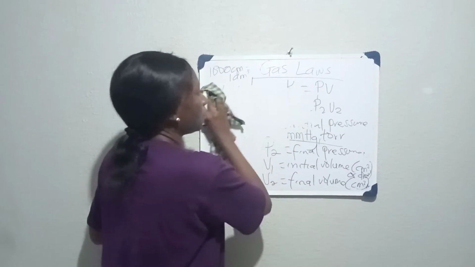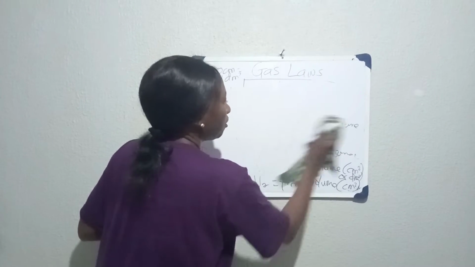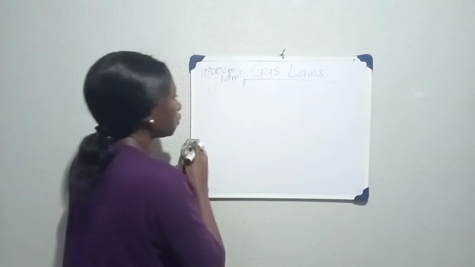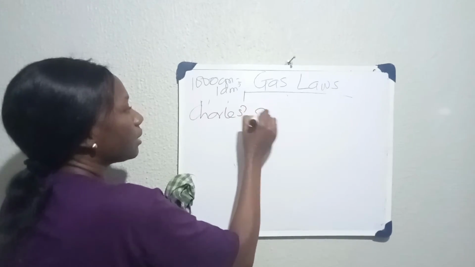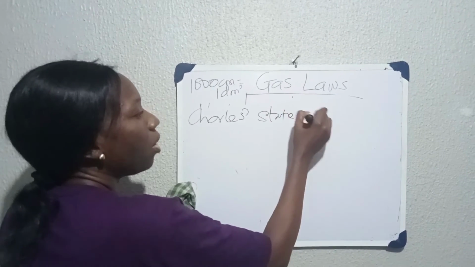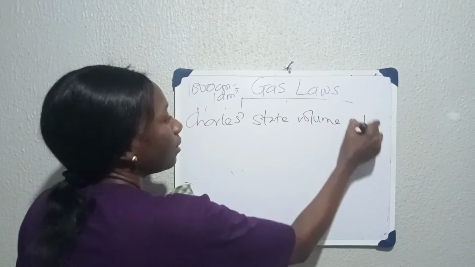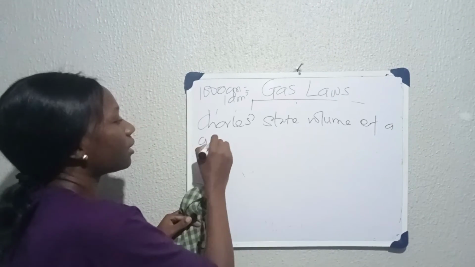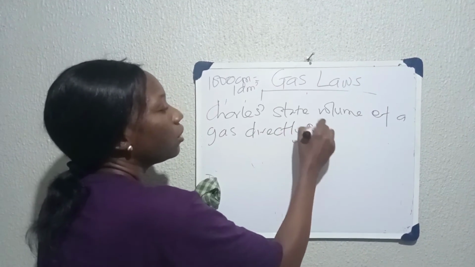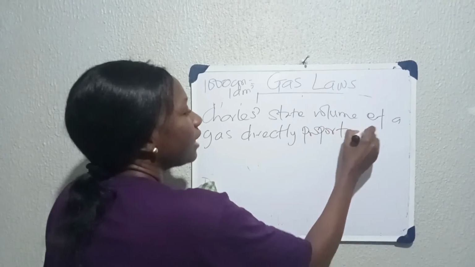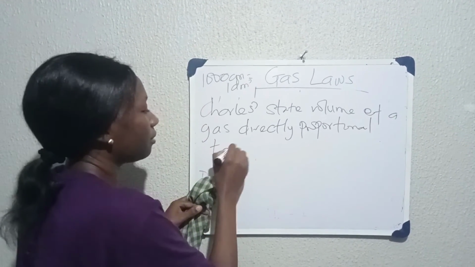So Charles' law is a little bit different from Boyle's law, because Charles' law states that the volume of a given mass of gas this time around is directly proportional to temperature. I think we can see the difference.